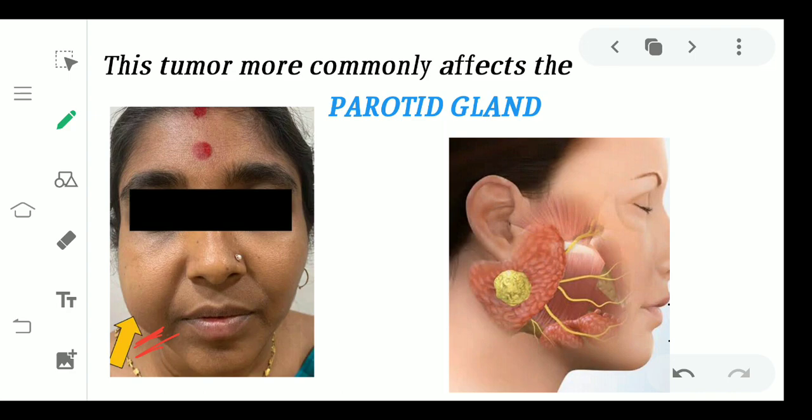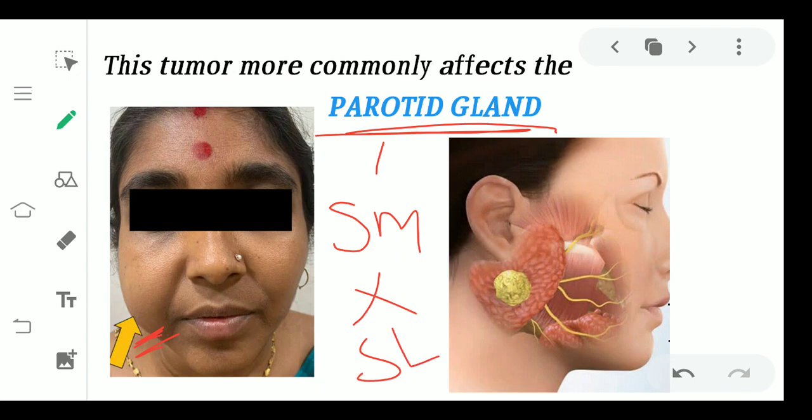This generally takes place in the parotid gland, can also occur in the submandibular gland sometimes, but is never going to occur in the sublingual glands. Okay, so these are the two major glands which can be affected, the parotid gland and the submandibular gland, and this kind of facial asymmetry can be seen, and there is excessive swelling. So you see in the picture itself, this is your parotid gland and this is the tumor. So there is a tumor inside the parotid gland.